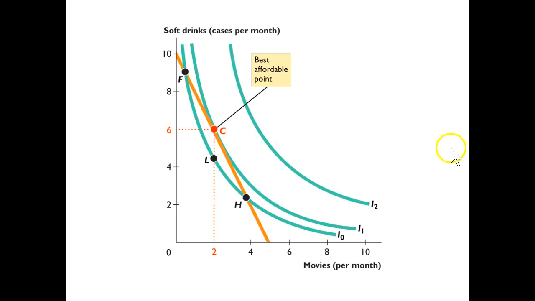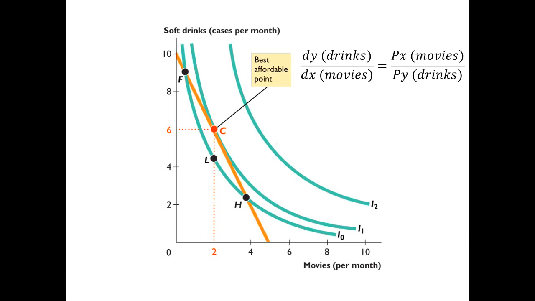It's only at point C that they're utilizing all of their monetary resources. They're spending their whole budget to get a combination of goods which is more preferred than all of the others that are affordable to our consumer. So they'll choose C. So far, so good.